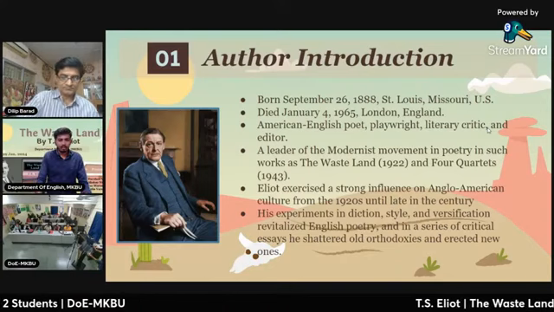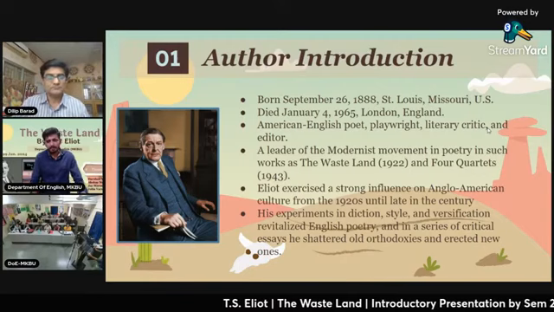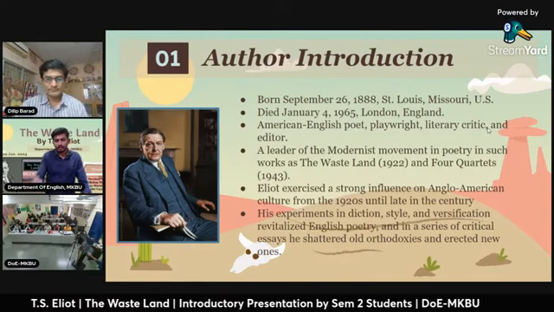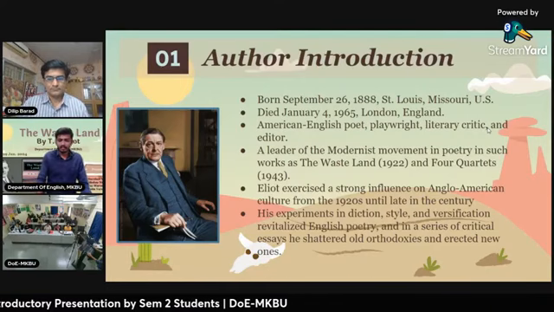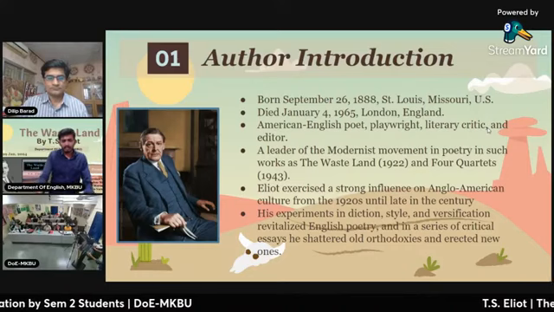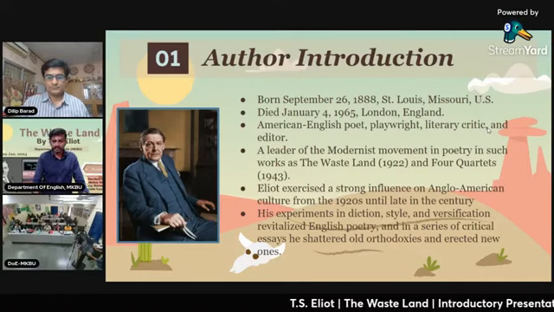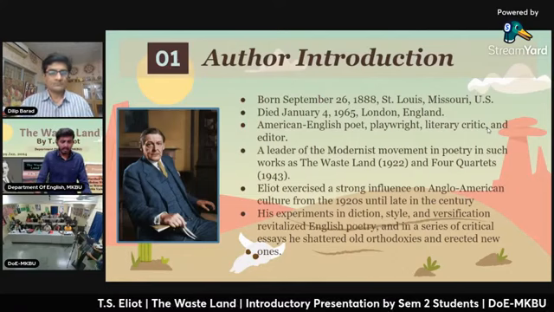Thomas Eliot was born on September 26, 1888. He was born in St. Louis, Missouri, United States. He was an American English poet, playwright, literary critic, and editor. He was a leader of the modernist movement in poetry, with such works as The Wasteland in 1922 and Four Quartets in 1943.